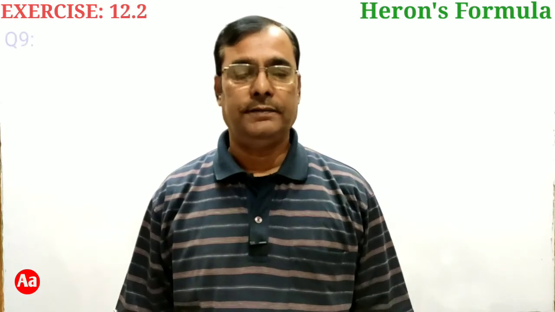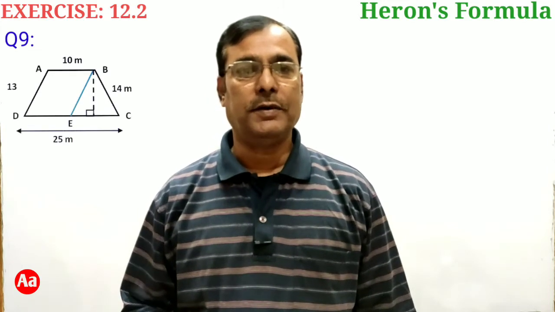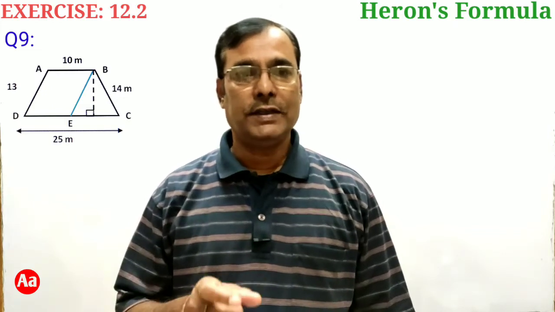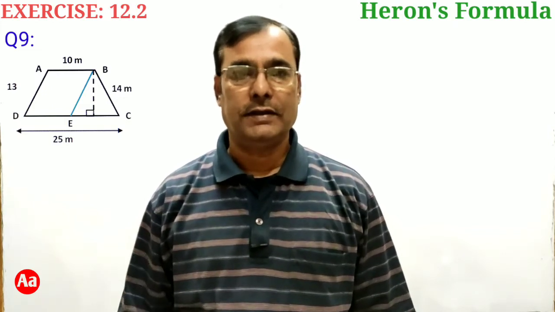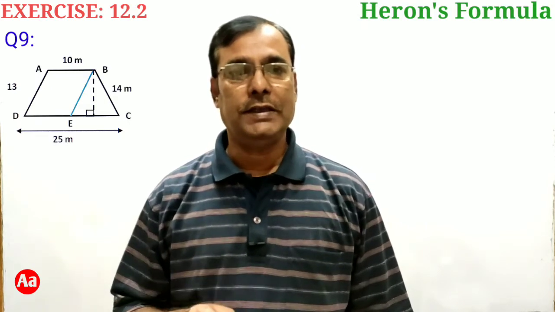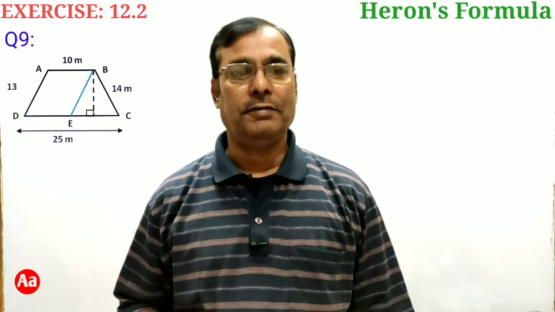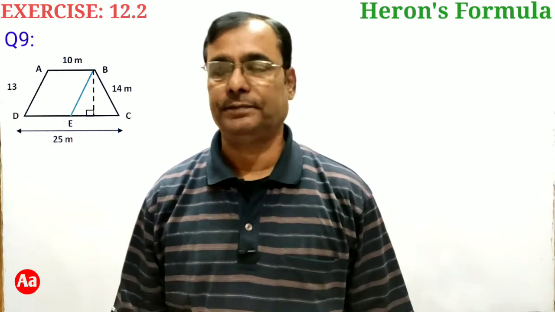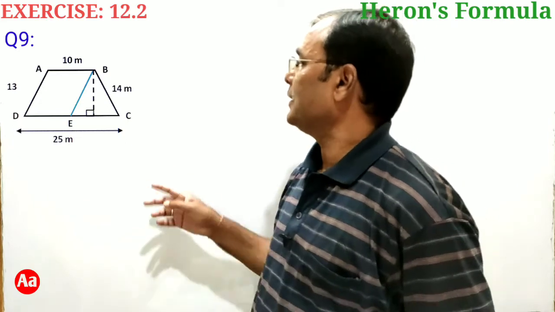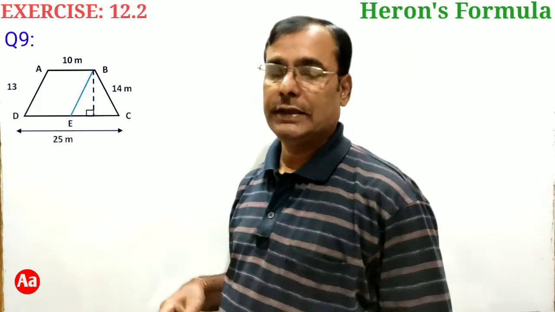Question number 9. A field is in the shape of a trapezium whose parallel sides are 25 meter and 10 meter. If the non-parallel sides are 14 meter and 13 meter, then find the area of the field. In this figure, ABCD is a trapezium shaped field.